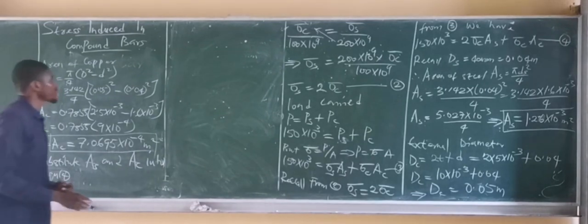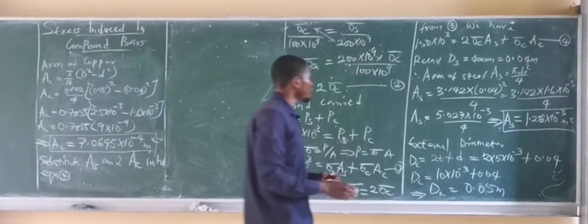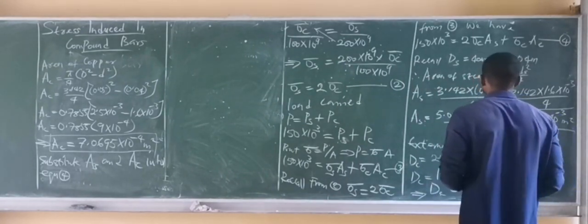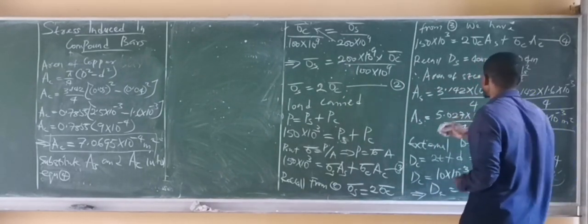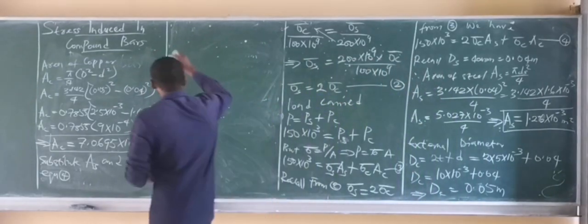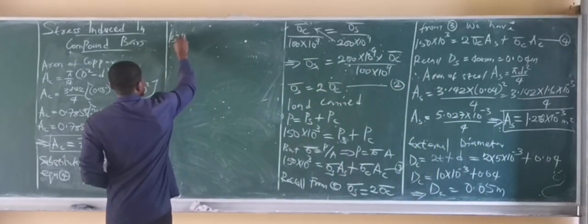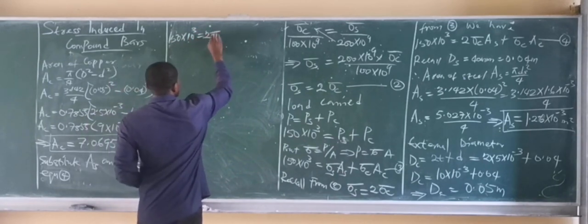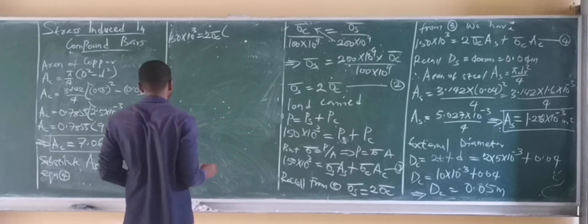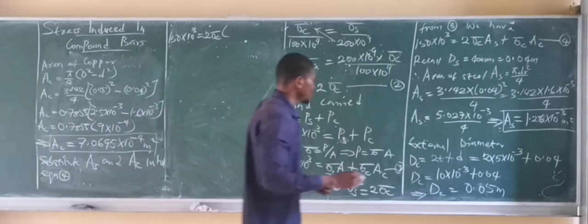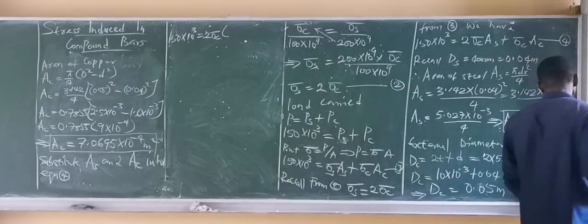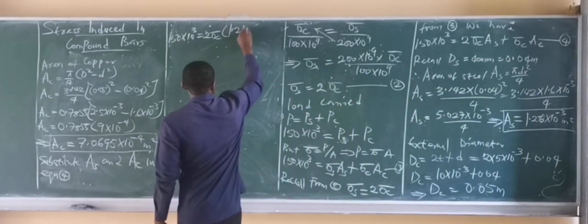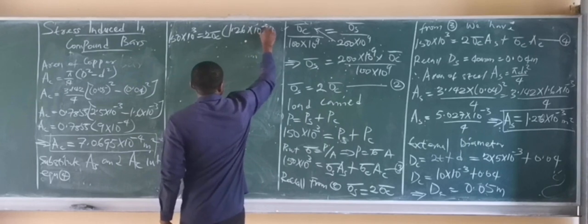From equation 4, you have 150 times 10 to the 8 equals 2 sigma C times area of steel. Area of steel is 1.26 times 10 to the minus 3.